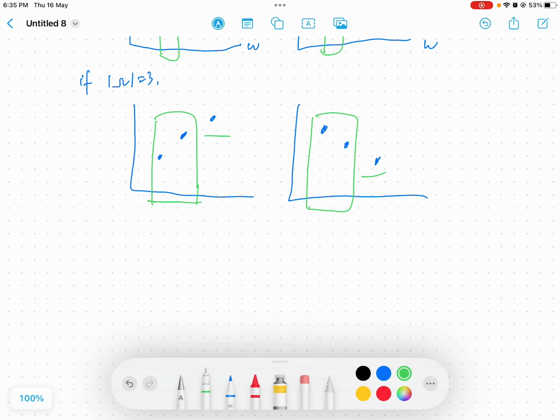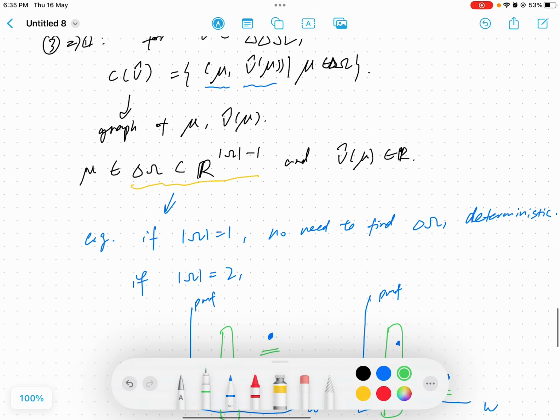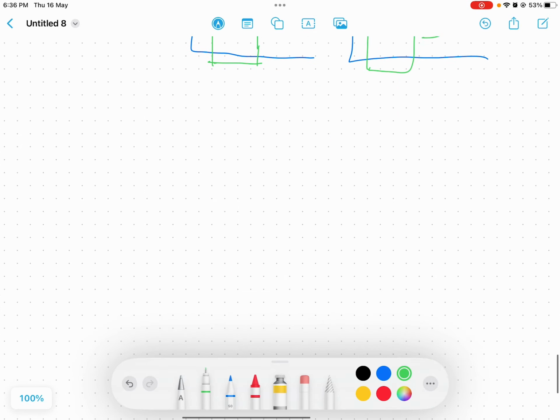That's some very interesting result. So that's intuitively the reason why we're using this superscript as the dimension of the real numbers for the set of distributions over some set omega. So this is the cardinality of omega minus 1. That's the reason we are subtracting 1 here.